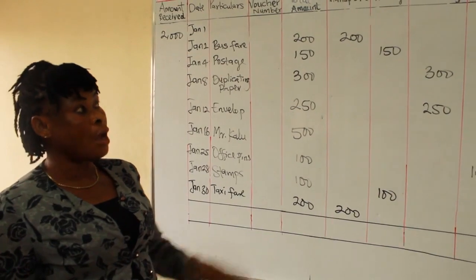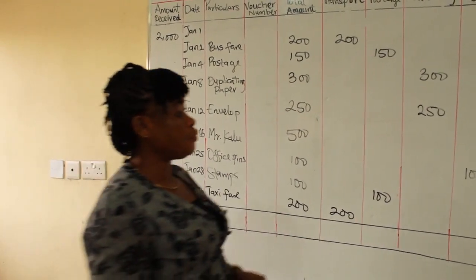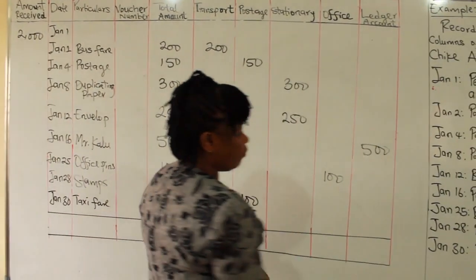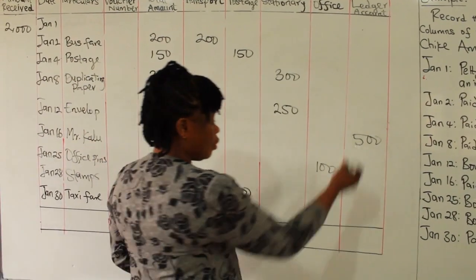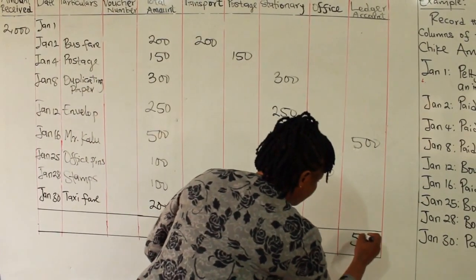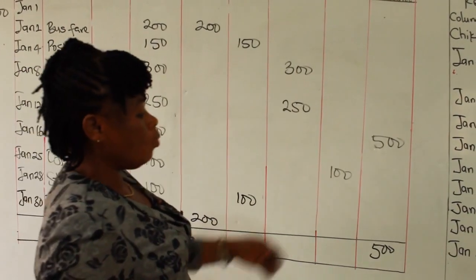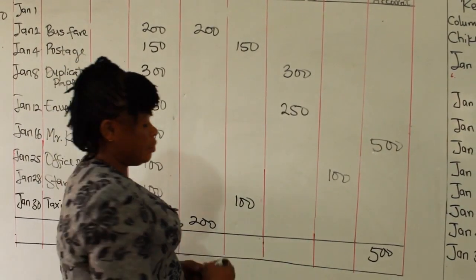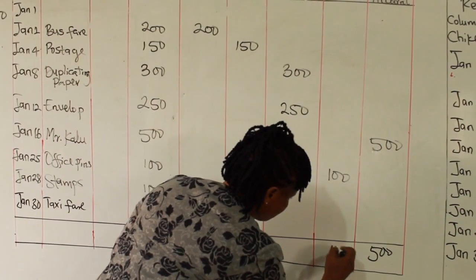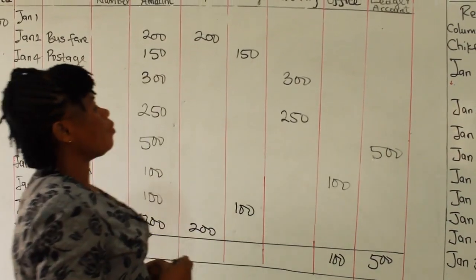So we start with the ledger account. Since we have just 500 naira here, we'll bring down the 500. On office column, we have just 100 naira. Therefore, we'll bring down the 100 naira.